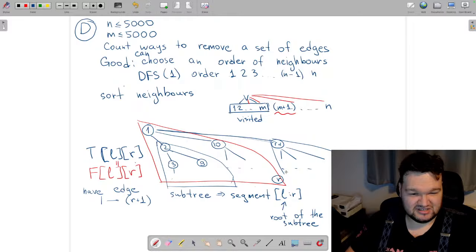So if we have this edge from L to R plus 1, then we can do the transition, and there is a non-full tree where the root is still L and the last vertex X. So we add here the number of non-full trees from L to R multiplied by the number of trees with root R plus 1 that cover everything up to X.